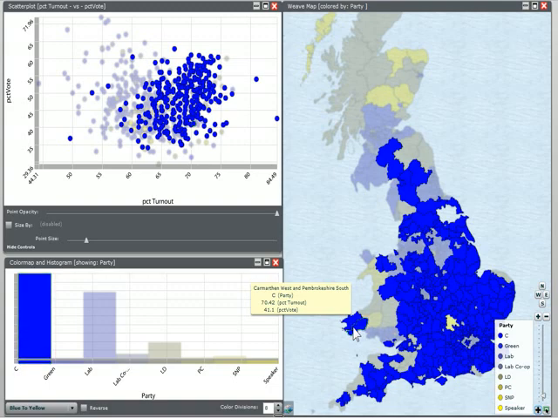Theirs was a mixture of safe constituencies and marginal ones. It is notable that since the UK still uses a first-past-the-post electoral system, it's the number of constituencies won, rather than the number of votes won, that determines the result of a national election.